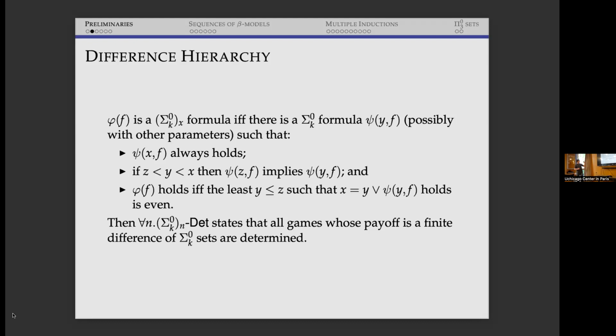So it gets a little bit more ugly, but what is going to really matter for us is that sigma 0k x is going to be the difference of x sigma 0k sets, and this x can be, depending on the model, non-standard. So it's going to be finite inside the model, but it's bigger than we could get before.